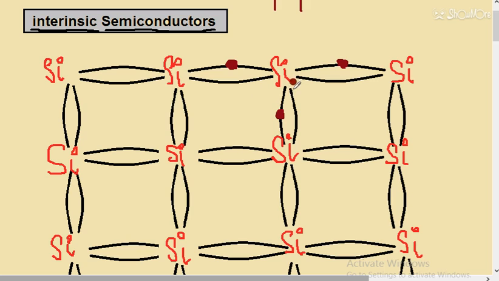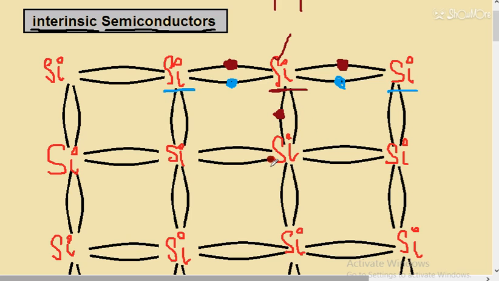Here you can see these 3 electrons belong to this silicon atom. Now I am drawing this electron with blue color. This is the electron shared from this silicon atom, and this is another electron that is shared from the nearby silicon atom.